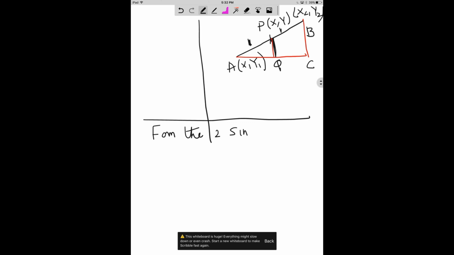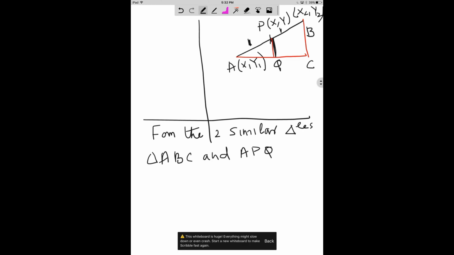So from the two similar triangles, ABC and triangle APQ, okay.